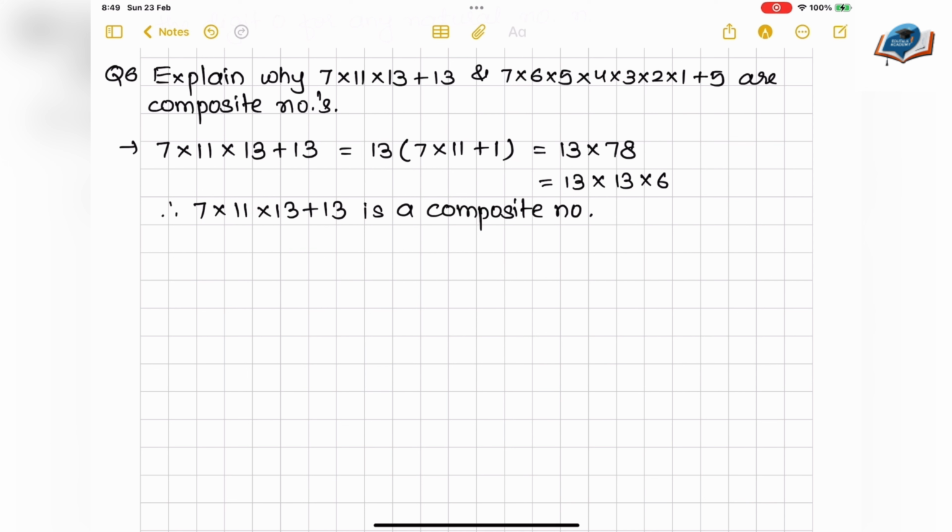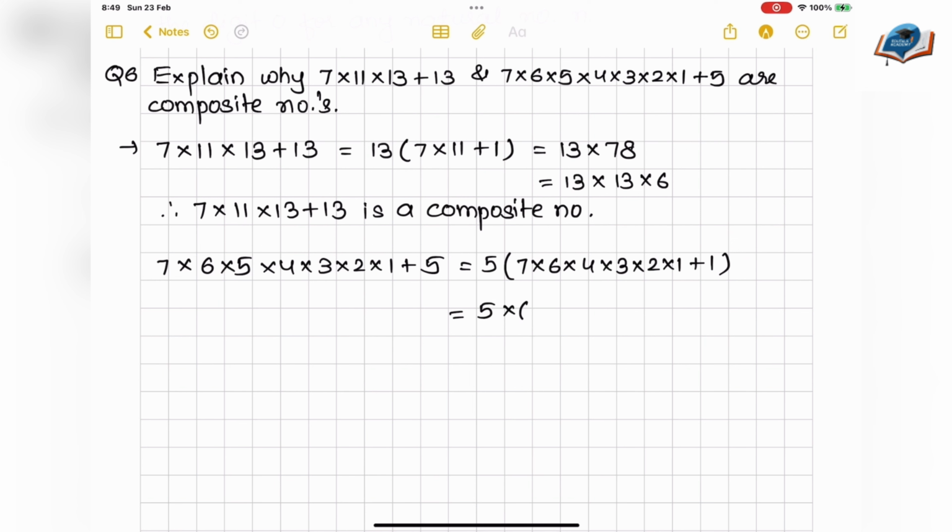Now, same way, if I want to show 7 into 6 into 5 into 4 into 3 into 2 into 1 plus 5, here if I take 5 common from both, it will be 5 into (7 into 6 into 4 into 3 into 2 into 1 plus 1). So that will be 5 into (1008 plus 1), which is 5 into 1009.